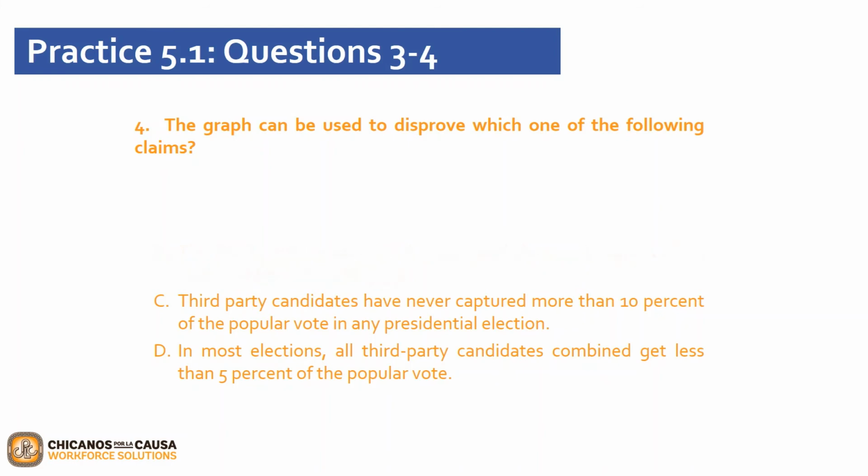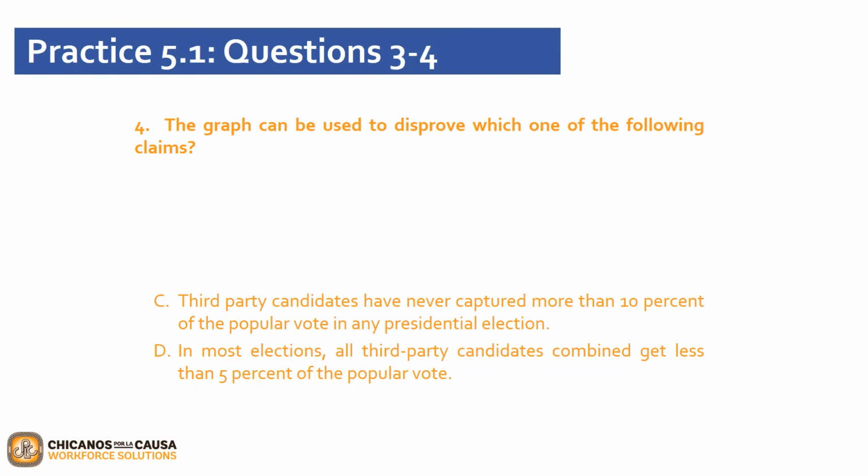Option C states that candidates for the third party have never had more than 10% support. According to our line graph, there were 3 instances when the candidates reached 10% or higher. That was in 1968, 1992, and 1996. So this is false. I think we might have found our answer, but just in case, let's look at our last option.